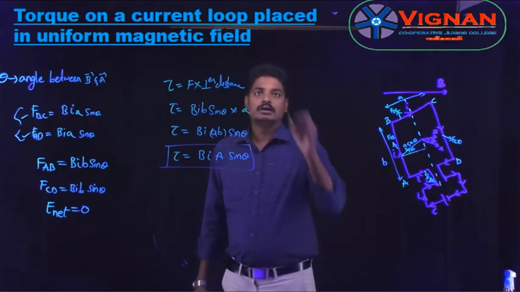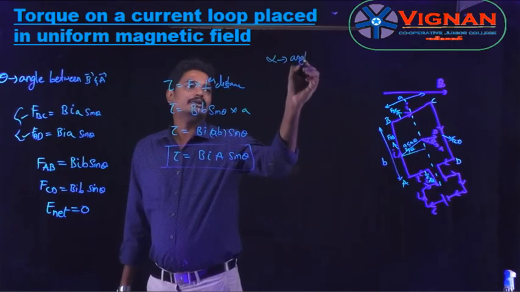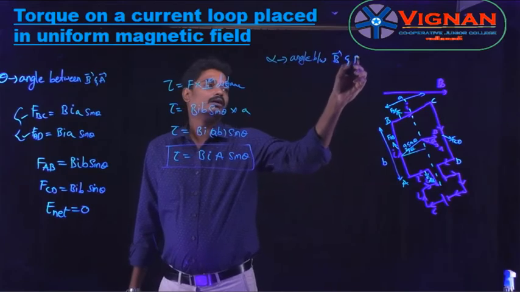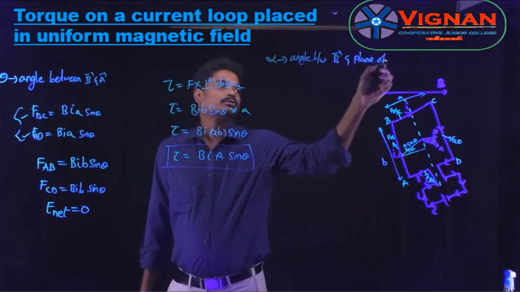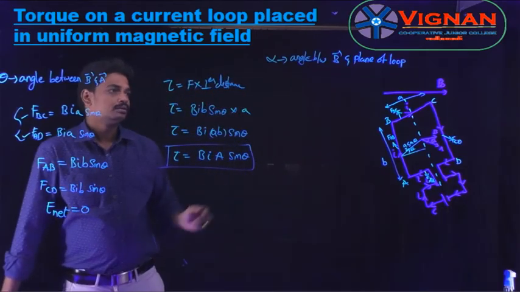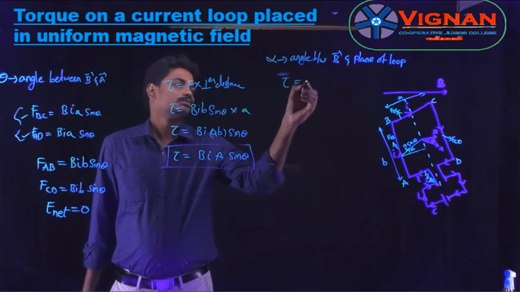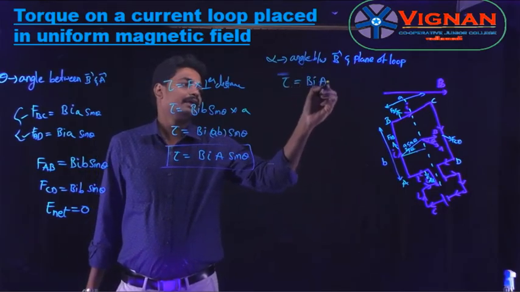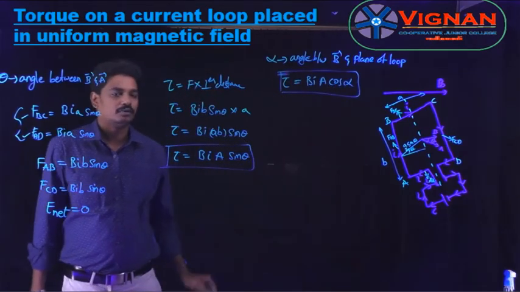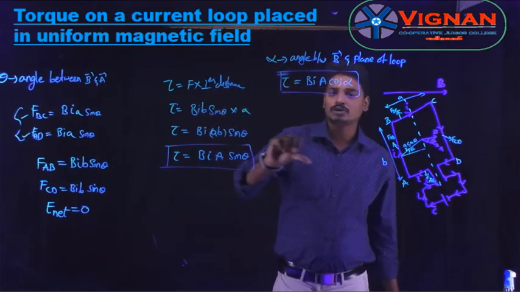If alpha is the angle between B bar and the plane of the loop, then torque can be denoted by tau equal to BIA cos alpha, because here we are calculating theta with respect to the normal to the loop.